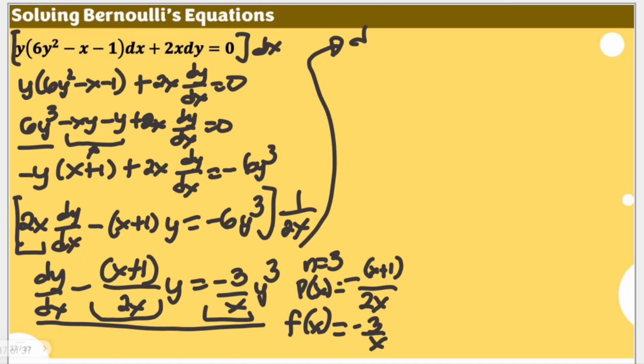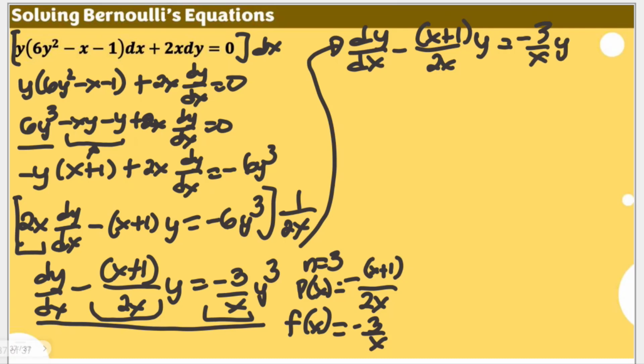I'm just going to rewrite it here: dy over dx minus x plus 1 over 2x, y is equal to negative 3 over x, y cubed. We're going to remove this by multiplying y to the power of negative 3 on all parts of the equation, because you would like to retain only the function of x on the right hand side.